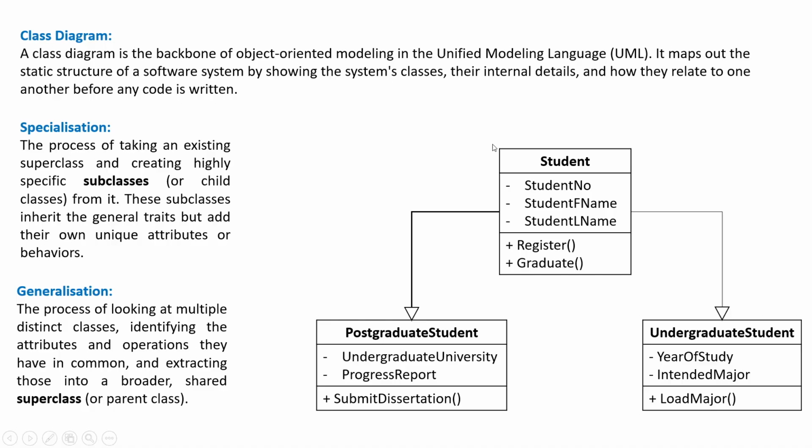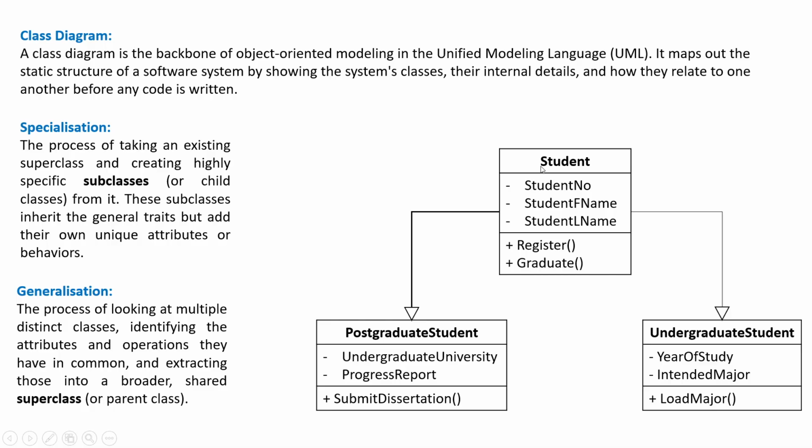The classes look very similar to our entities from our entity relationship diagram, but they are divided into three sections. You have the name of your class at the very top, then your attributes, and then your methods or functions.